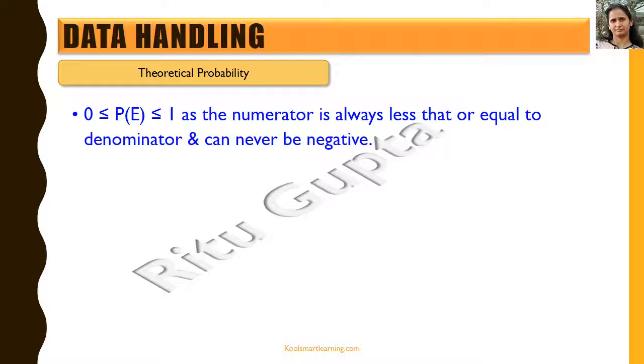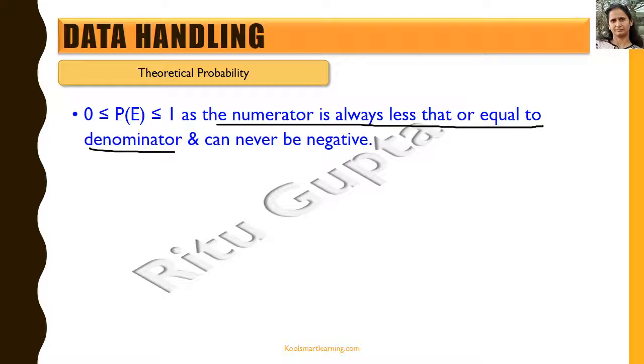So the total number of outcomes will always be at max equal to or more than the number of outcomes which make up the event. So the numerator will always be less than or equal to the denominator.